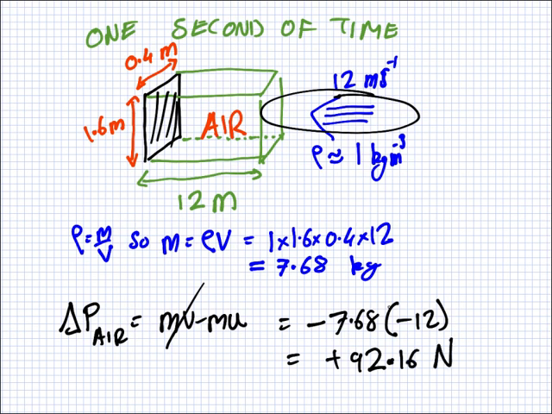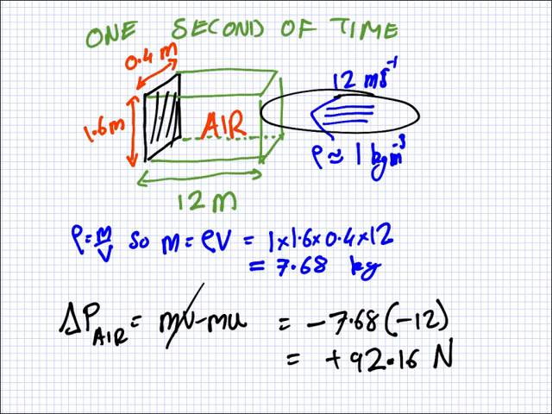So, according to Newton's third law, this change in momentum, this action, has a reaction. Because his body made the air stop, because his body caused the air to have this change in momentum, he will feel this momentum too. It's just like action, reaction.